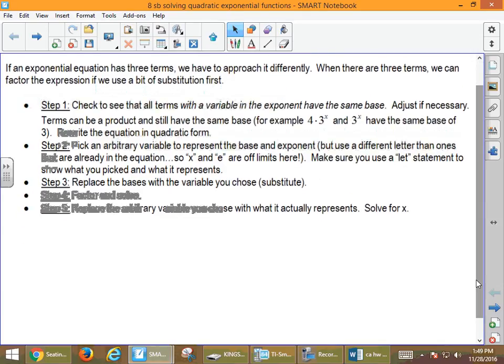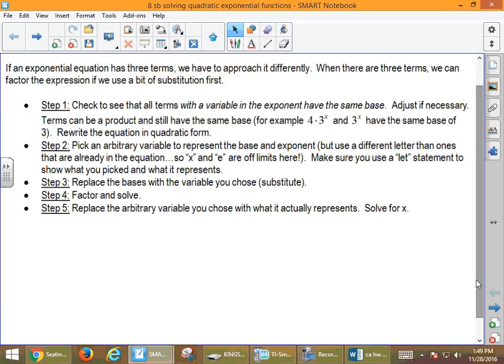The first step is to check to see that all terms with a variable in it have the same base. If we have the same base, we're good. If we don't, we're going to have to adjust it so that we do. Step 2, we're going to pick an arbitrary variable to represent the base and exponent, but you can't use x or e.